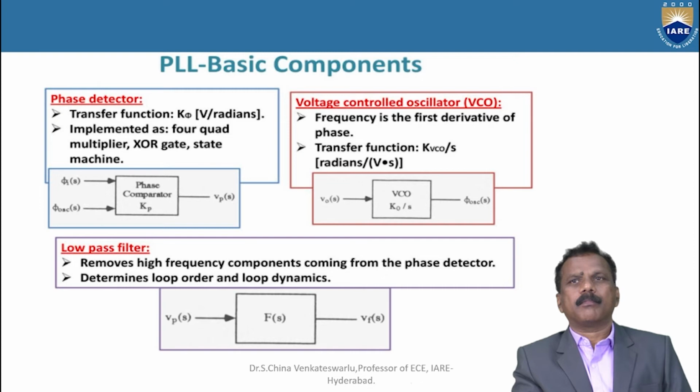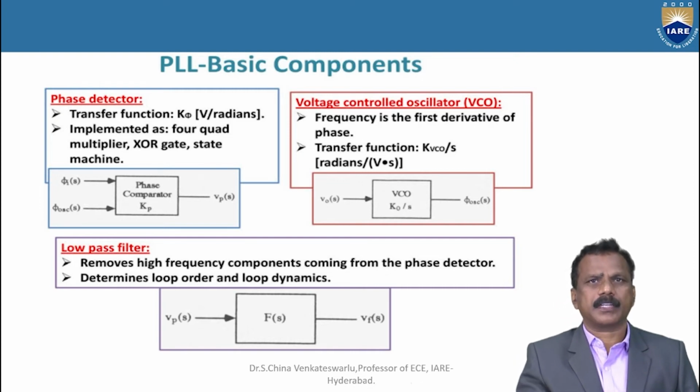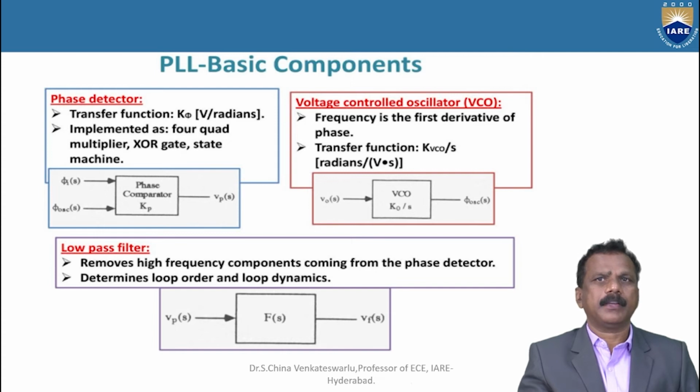PLL basic components. The phase detector's transfer function is Kp radians, implemented as a four quadrant multiplier or an exclusive OR gate.